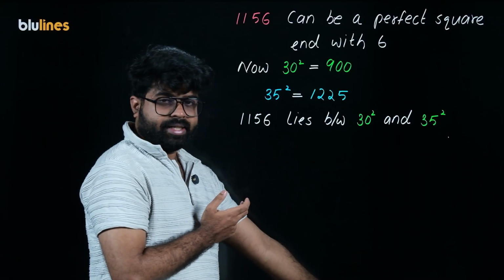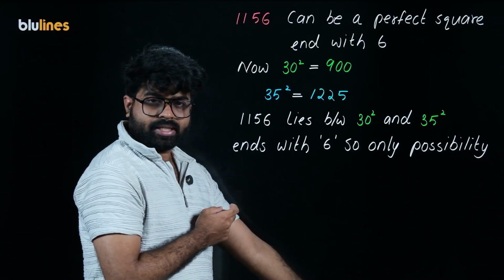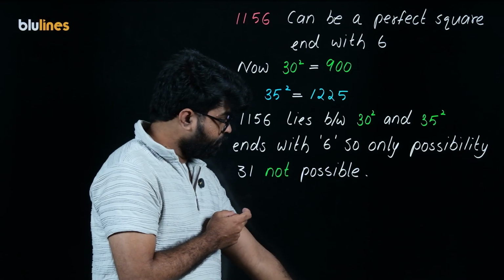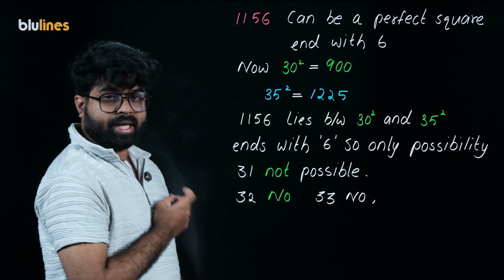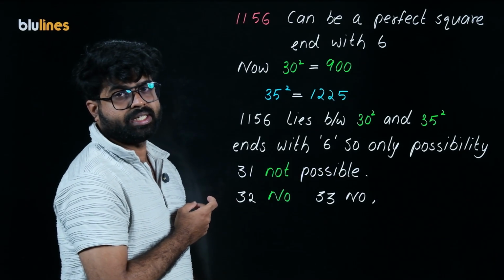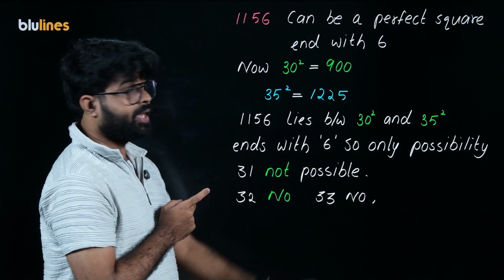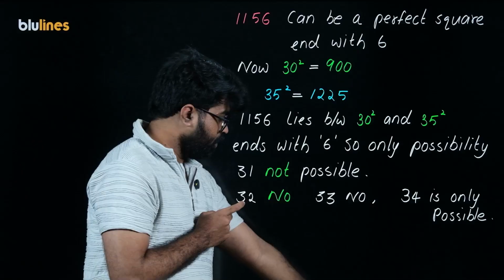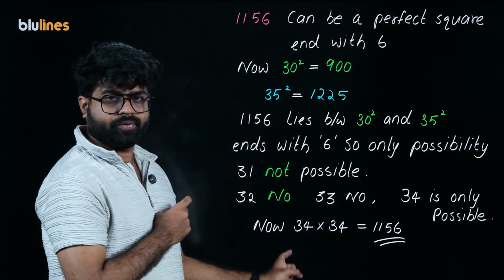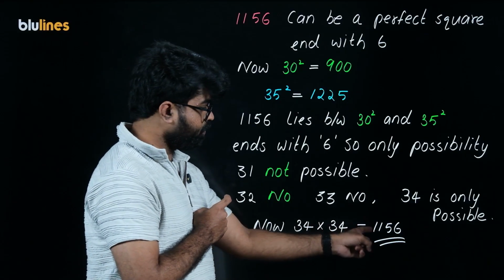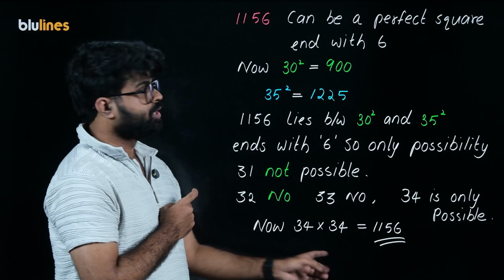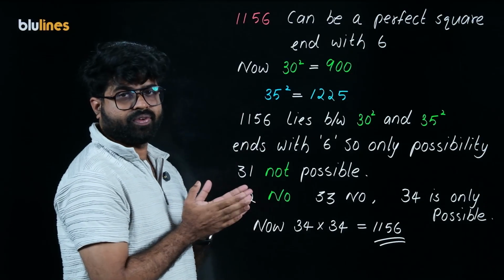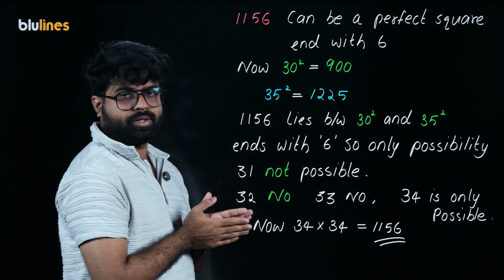Next I go for 33: 3 square is 9. Next I go for 34. That's a possibility, because 4 square is 16, so here also the units digit is 6. Now you can check whether 34 is a possibility. 34 multiplied by 34 is equal to 1156. So 1156 is a perfect square, and its square root is equal to 34.